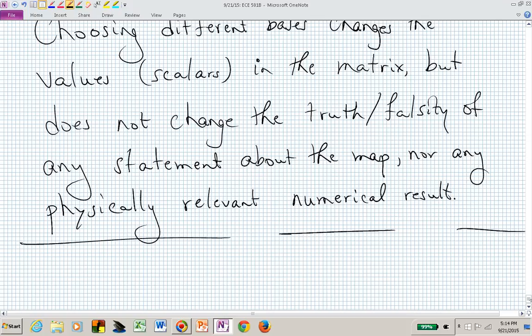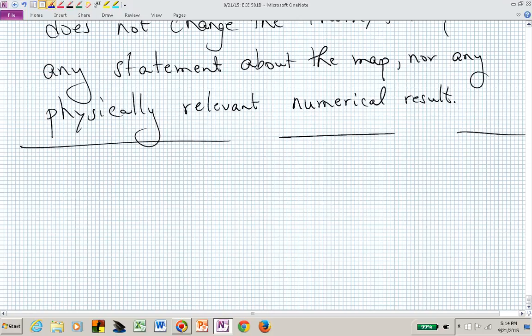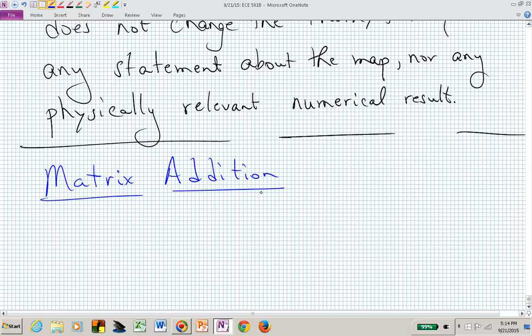Now, as I said before, at the beginning of class, we were going to spend probably how much time on some of these matrix concepts? Half the semester learning how to do matrix addition? Probably not. How about 30 seconds in this lecture? So matrix addition, how is that done?